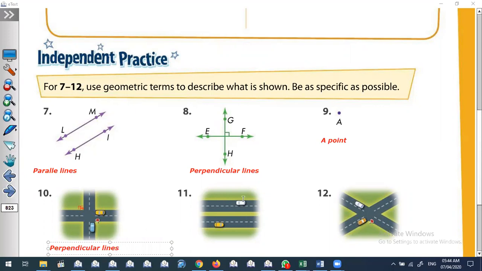Here, these two roads never intersect, so they are called parallel lines. Parallel lines. The next one.